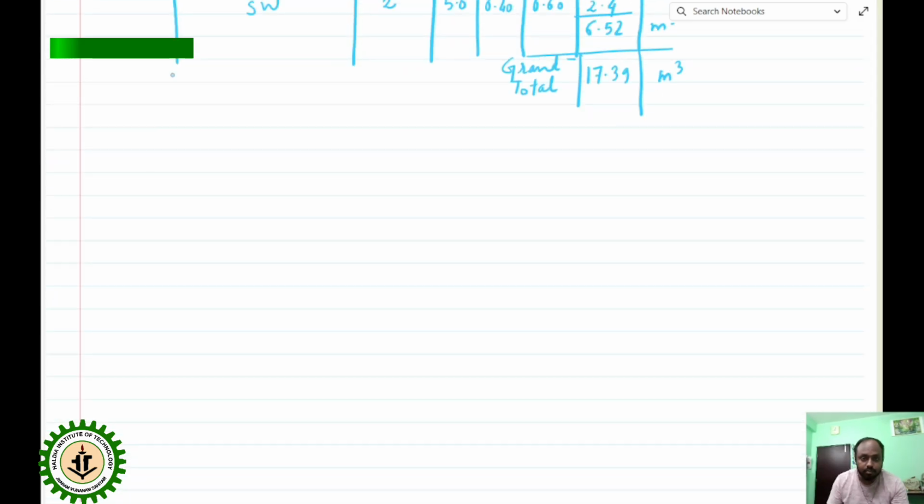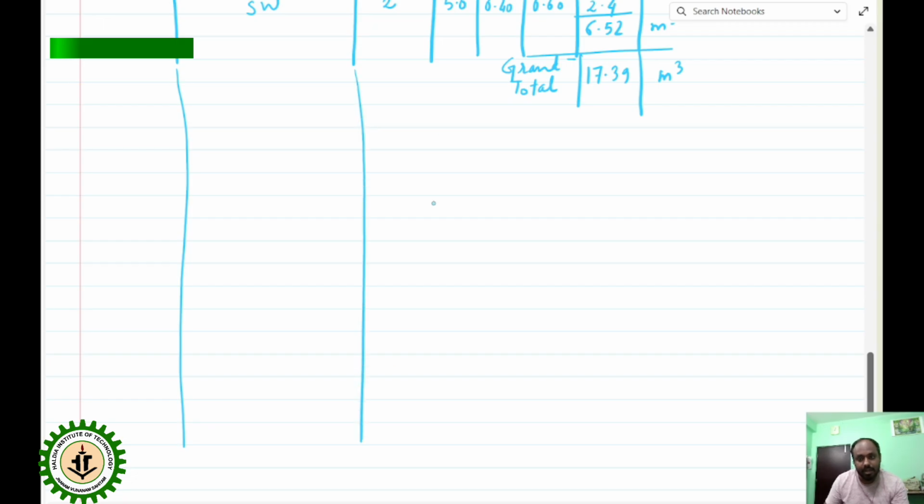Now the next item, that is DPC, damp proof course.